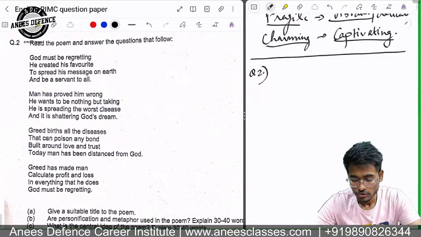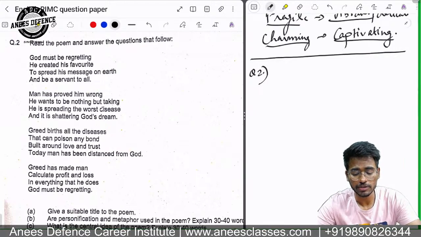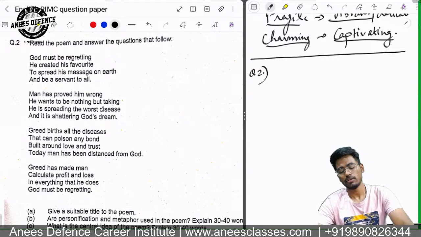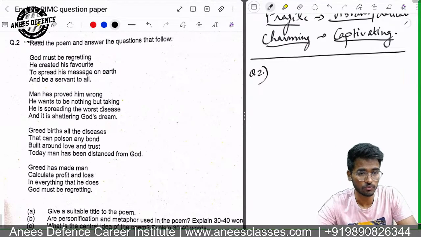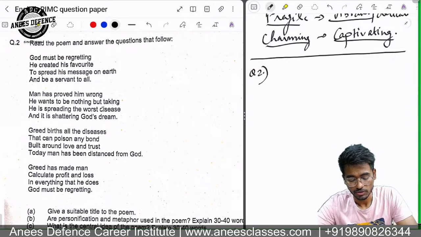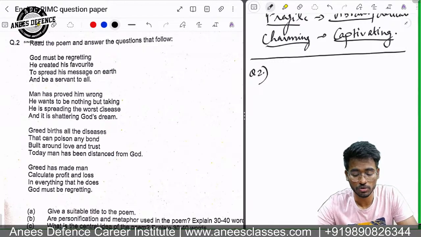Okay, so God is nothing but the central character, and he is regretting that why did I make this world, because today's people, instead of staying in harmony, they're going at wars, they are using other people for their own selfish reasons. Okay, so this is the overall crux of the poem.